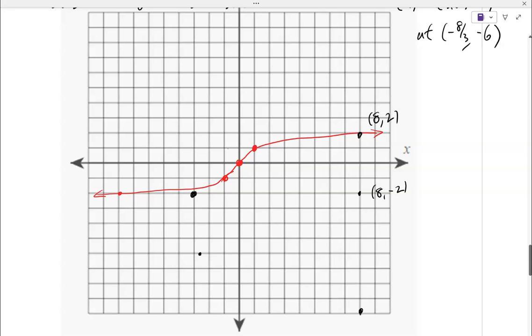Then what did you do? Compress by a third, right? Which way? Yeah, the x-axis, right? So when we compress by a third, we take all the x's and divide them by 3. So instead of here being at 8, we'll be at 8/3, which is 2 2/3.